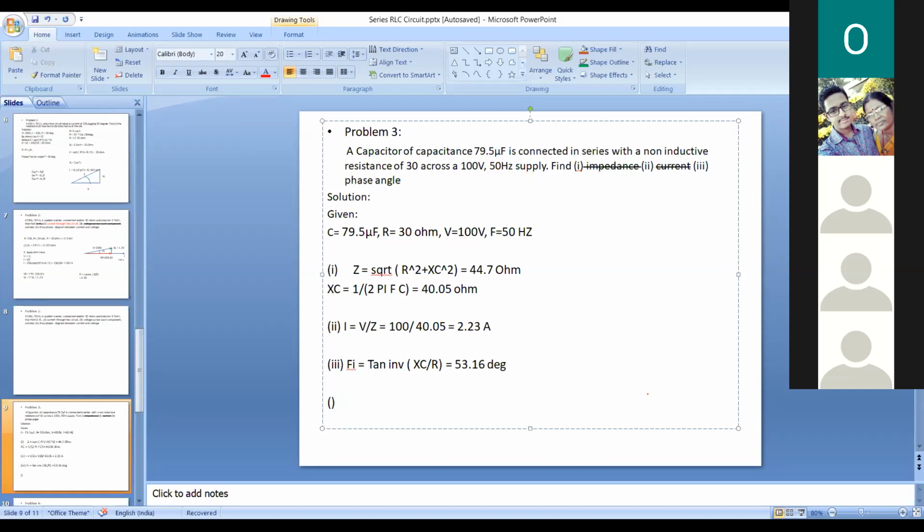Fourth one. Though it is not given, normally they will give the vector diagram in your external exam. Can you try drawing the vector diagram?